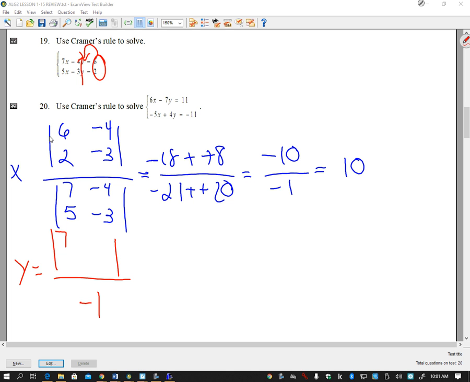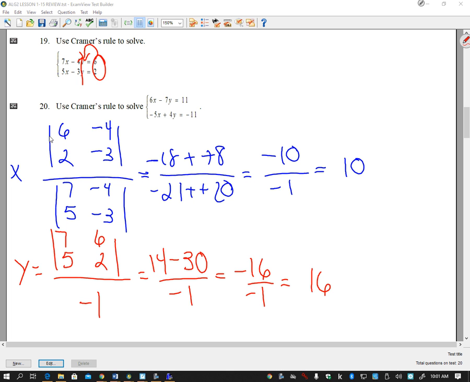So I get 7 and 5, 6 and 2. We already know the denominator is negative 1, so we'll keep that going through there. 7 times 2 is 14 minus 5 times 6. 14 minus 30 is negative 16. Negative 16 divided by negative 1 is 16.